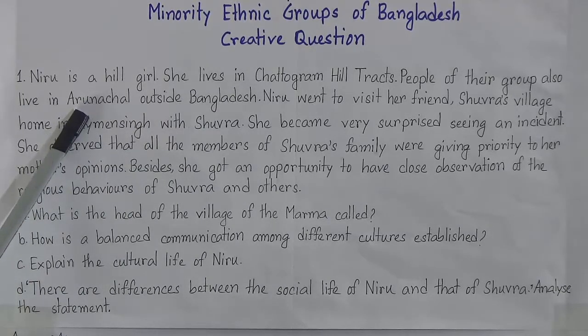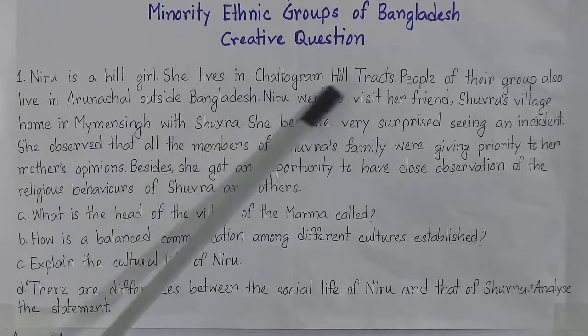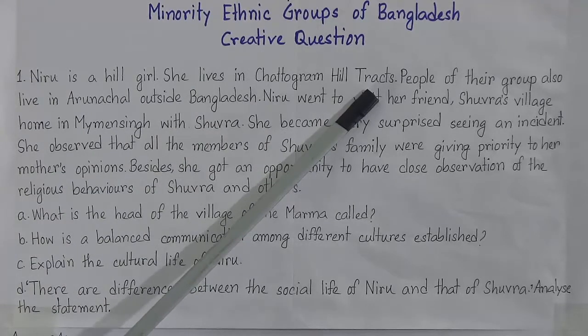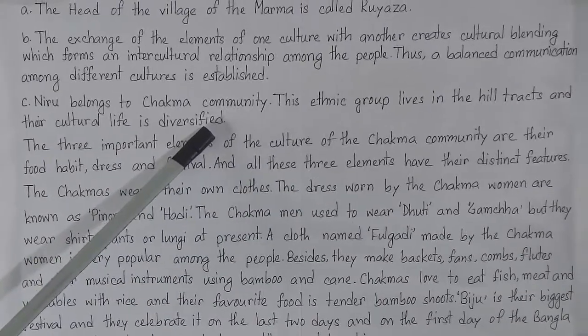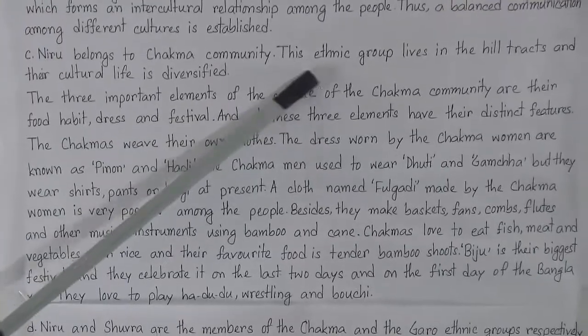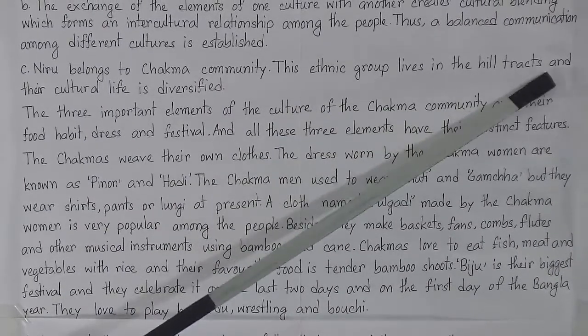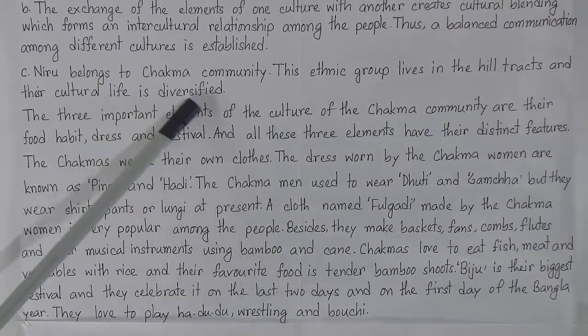Yes, we all know that they are Chakma, and they also live in our Chattogram hill tracts. So our answer is: Niru belongs to the Chakma community, and we find out that Niru is a Chakma girl. This ethnic group lives in the hill tracts and their cultural life is diversified.